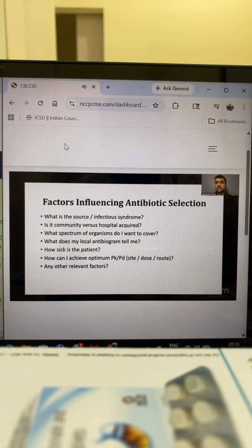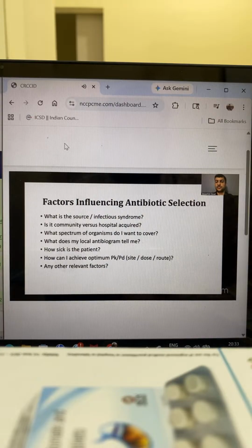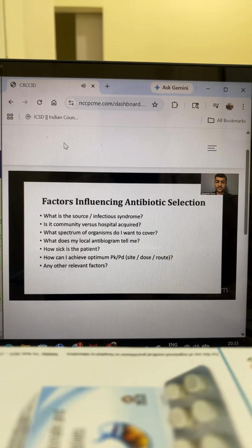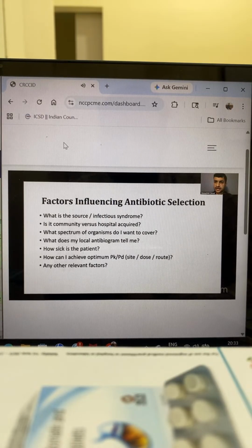So in the ICU, you have a patient, and that patient has an infection. We've established this patient has an infection, and you need to start some antibiotics. So what is your logical approach to this scenario, right? You will basically be asking yourself a series of questions. The first question will be, what is the source of the infection? Is it respiratory, or is it a urinary tract source, or is it intra-abdominal or skin and soft tissue?